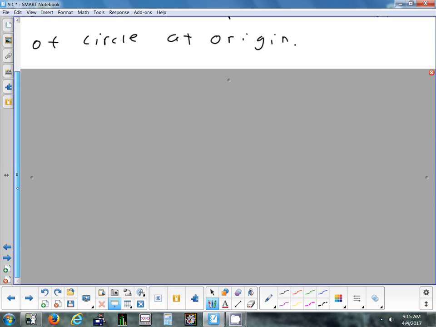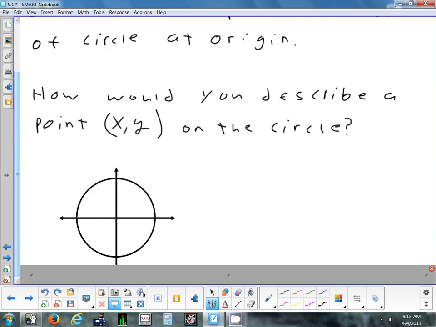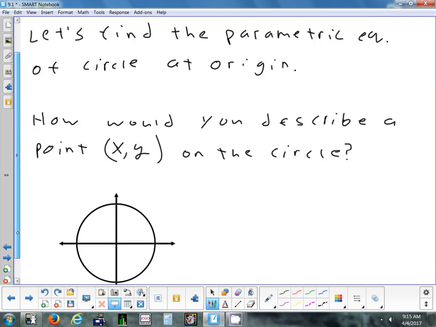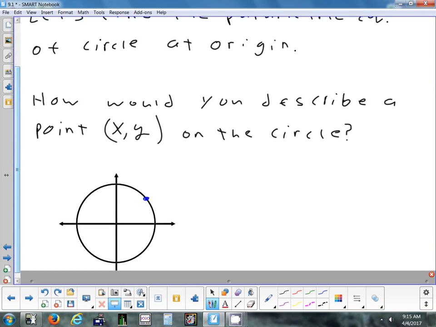All right, so if we want to write a circle parametrically, it's one of the curves we can look at. Basically, the idea is if this is a point, what's that distance that I just drew? It's the radius.